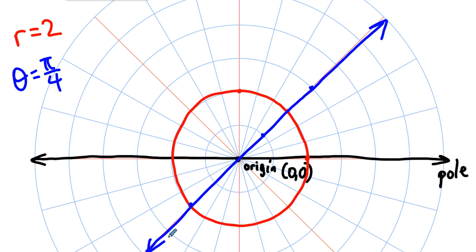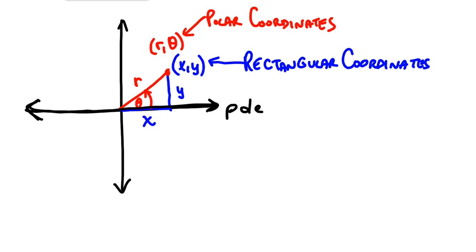Curves look different in polar than they do in rectangular for obvious reasons. So what's the key to converting? Well, the key to converting is back on this page. How do we convert from rectangular coordinates to polar coordinates?